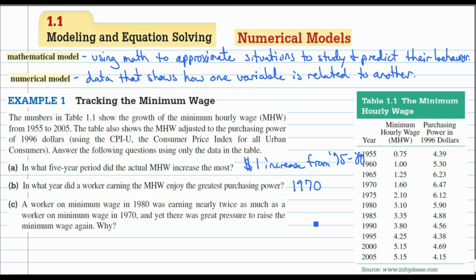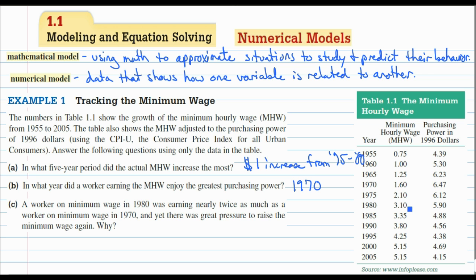A worker on minimum wage in 1980 was earning nearly twice as much as a worker on minimum wage in 1970. Let's see here. 1980, $3.10, 1970, $1.60. Twice as much of $1.60 is $3.20. So close. Fine. And yet there was great pressure to raise the minimum wage again. So it almost doubled in 10 years, but they wanted to raise the minimum wage again.